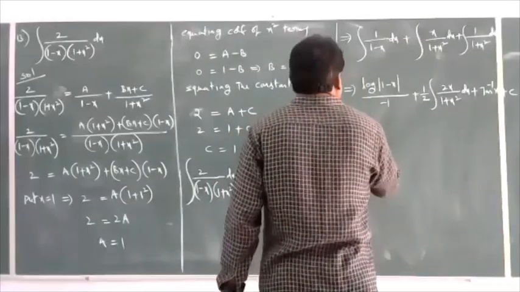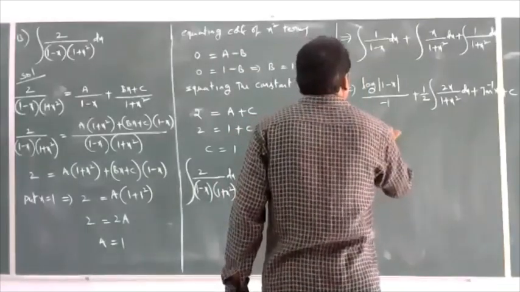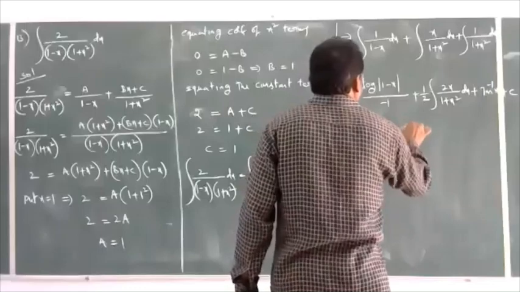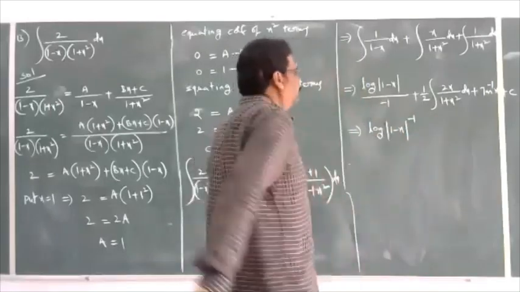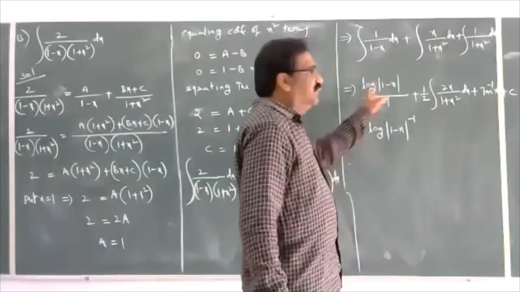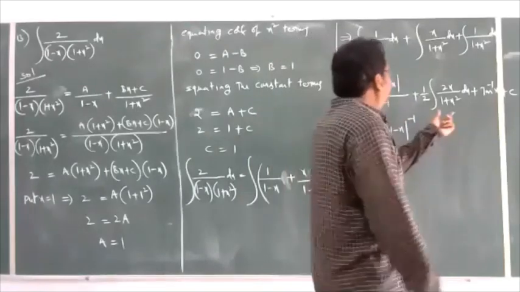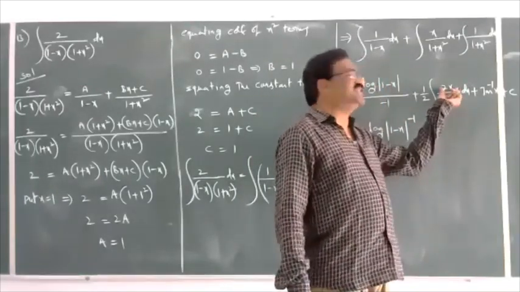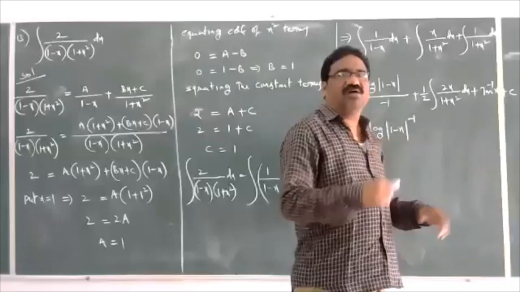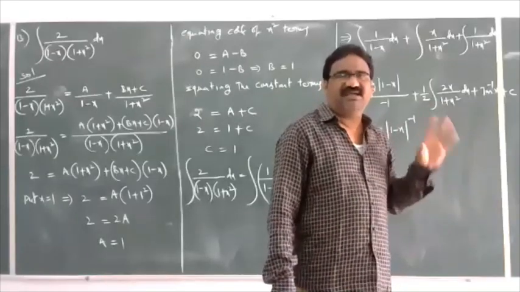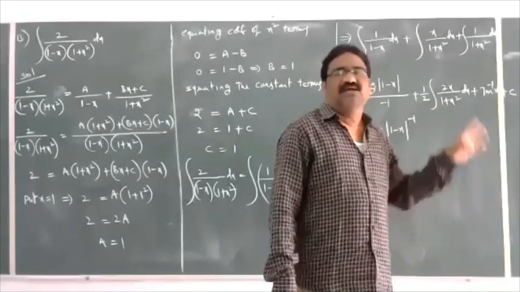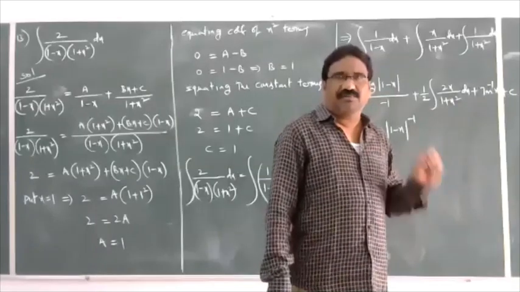This implies log mod (1 minus x) whole power minus 1. You observe that the denominator's derivative exists in the numerator. You know the formula: integration of f dash x by f of x into dx is log mod f of x. You remember the formula.